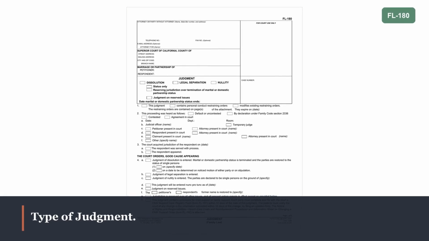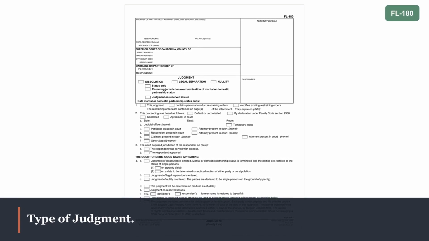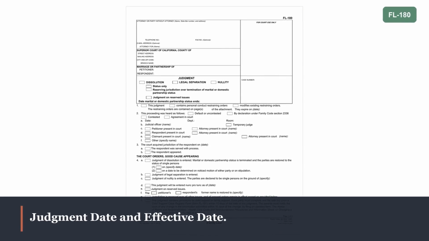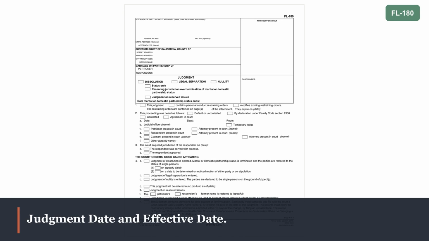You'll check the box for dissolution, legal separation, or nullity, matching the outcome your case has actually reached. Judgment date and effective date. This section states the date the judge signs the judgment and, separately, the date your marital status actually changes. These are often different dates, and the difference matters for benefits, taxes, and remarriage.